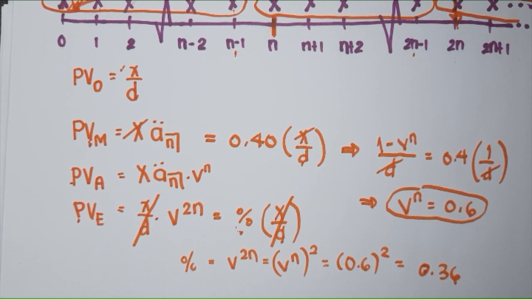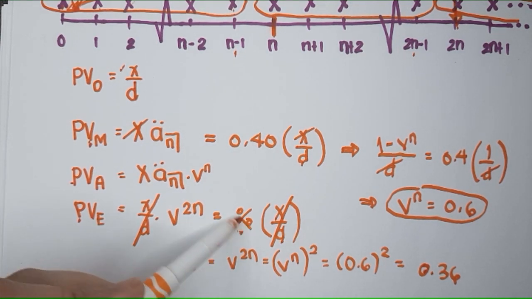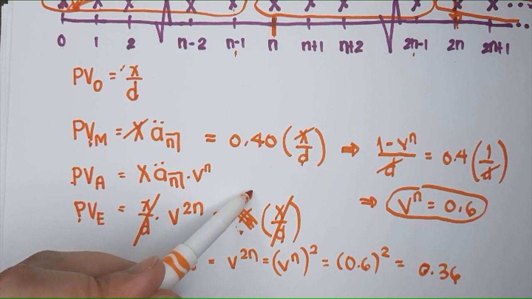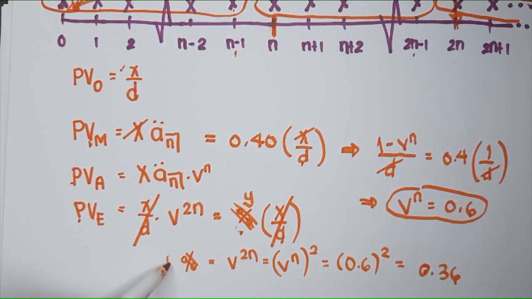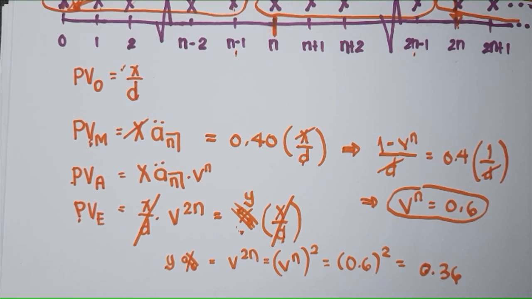Kayo nang bahala mag-isip kung anong gusto nyong gawin dito. Kunyari, gusto nyong gawing Y. So, Y is equal to 0.36. So, you say Edith's share is 36% of the original perpetuity. So, that's it. I hope you learned something from this video.